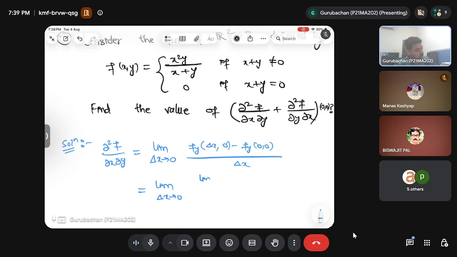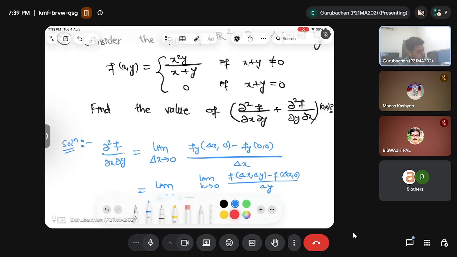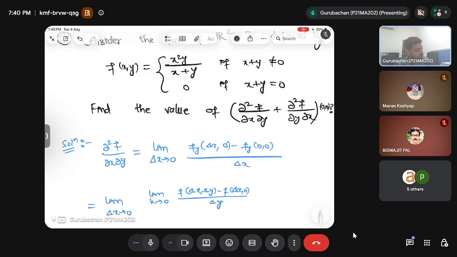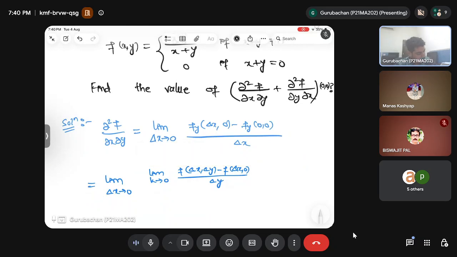So this will be limit k tending to 0 of f(delta x, delta y) minus f(0, 0) divided by delta y. Is this correct? What will be the second one? It will be 0.